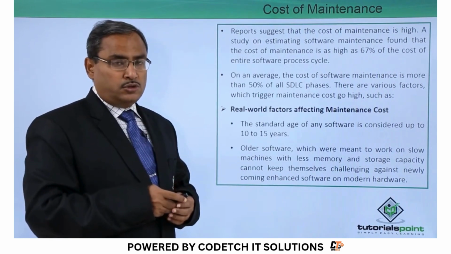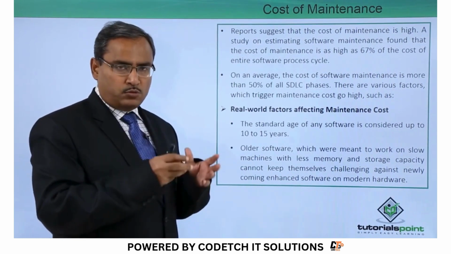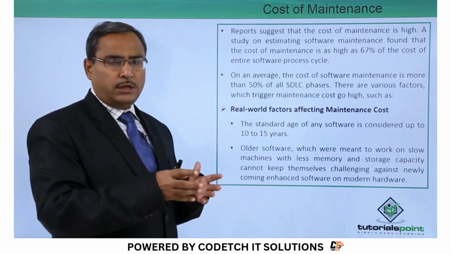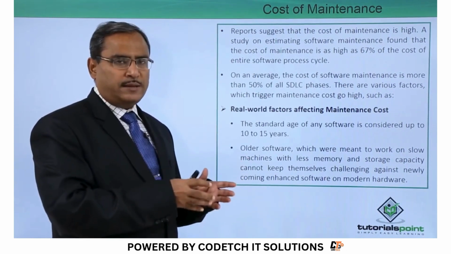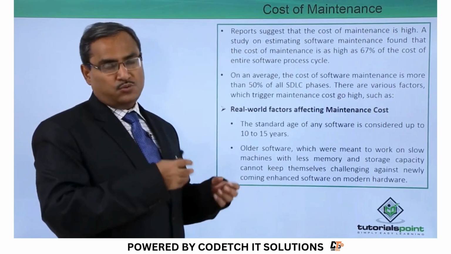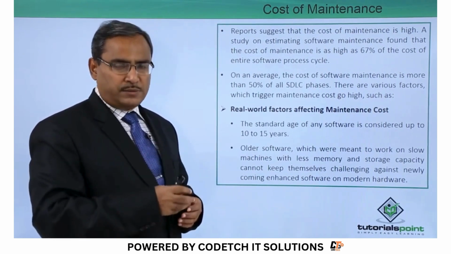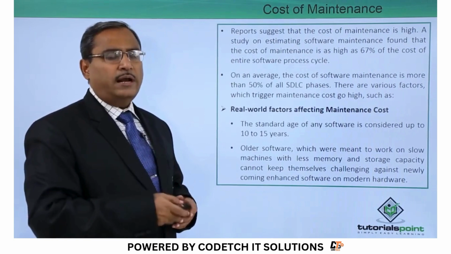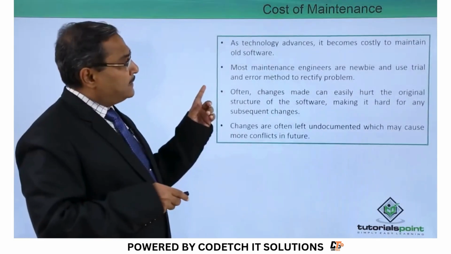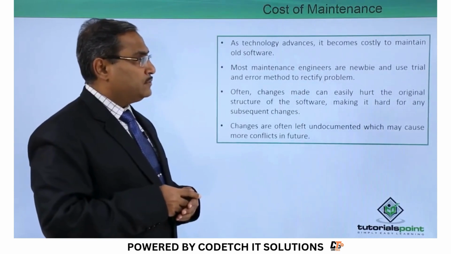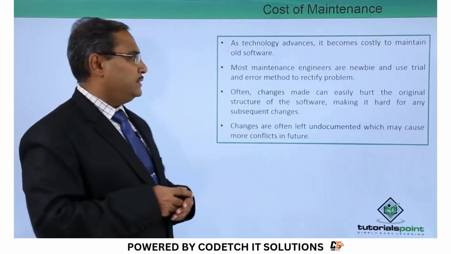Those software which were capable of working on a slower machine with the older version of the hardware and operating systems cannot face that challenge to work on high configuration machines with the latest hardware and the latest operating systems. Now, as the technology advances, it becomes costly to maintain old software.